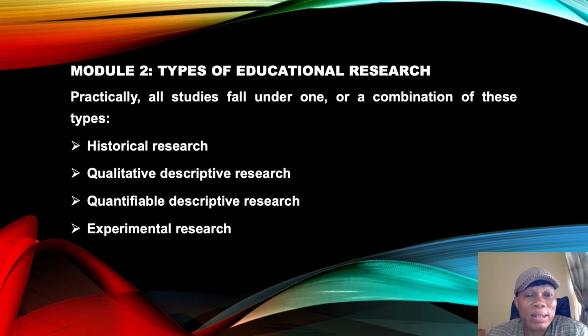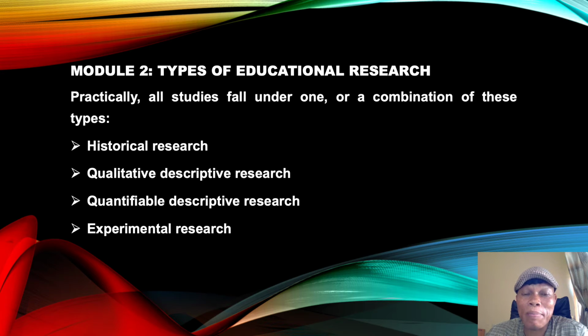The first one there is historical research. And from the name, history. This historical research describes what was. The process involves investigating, recording, analyzing, and interpreting the events of the past.